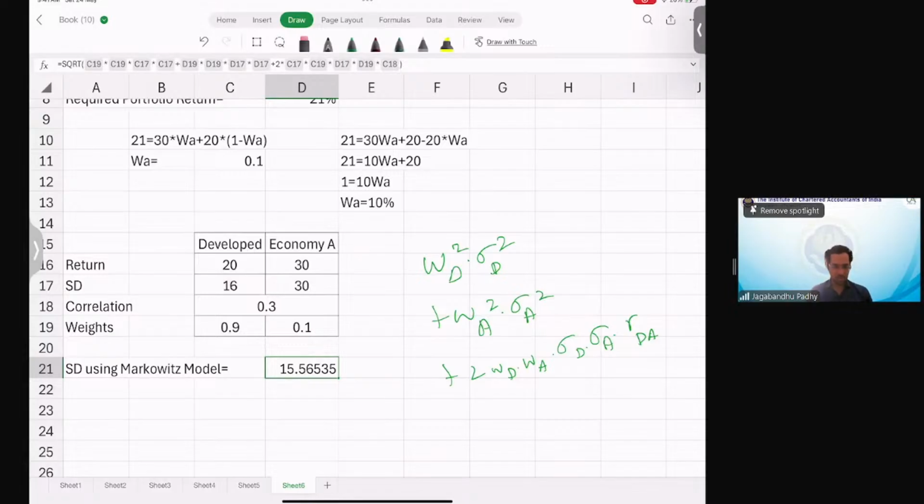So is the standard deviation coming out to be like 15.56? Just verify, guys. You have to just substitute them in this formula.